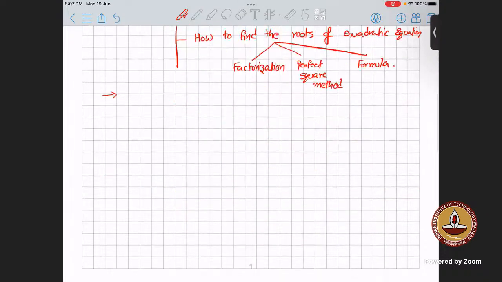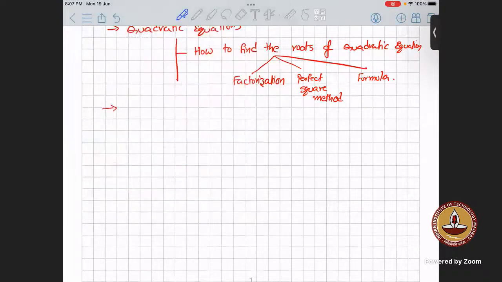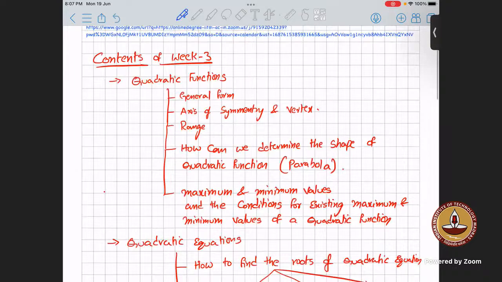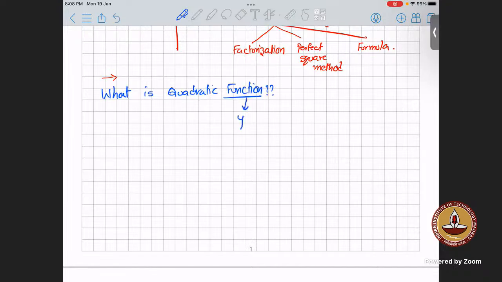Before going to the first topic, quadratic functions, let us know what a quadratic function is. From week one we have learned that a function is y equal to f of x.